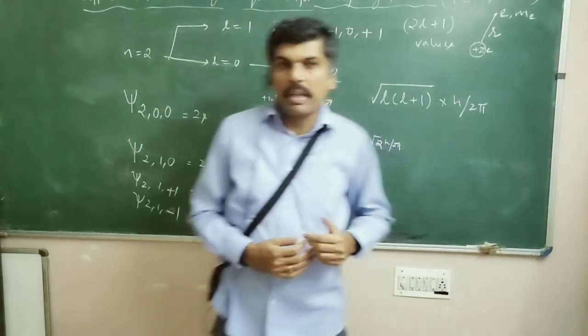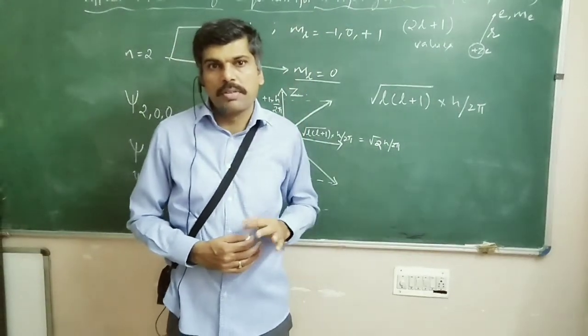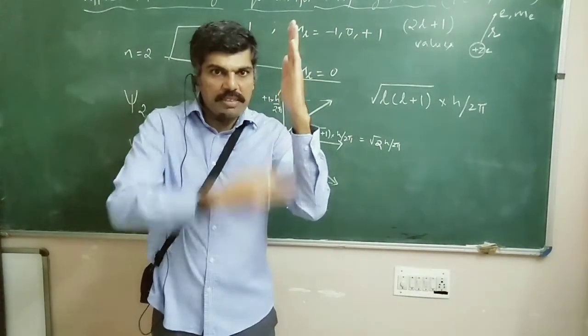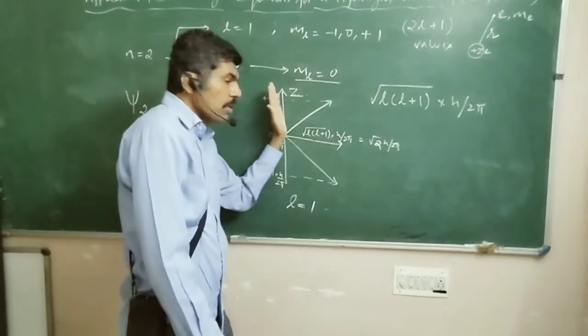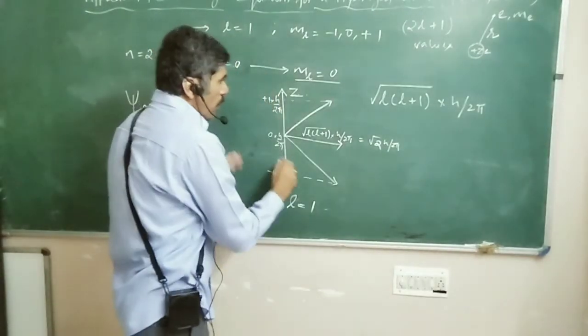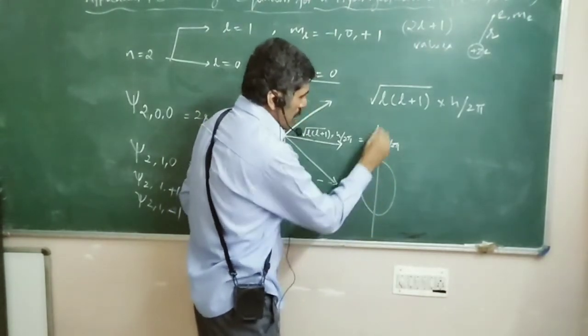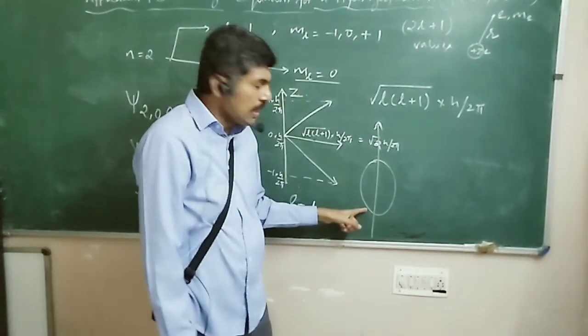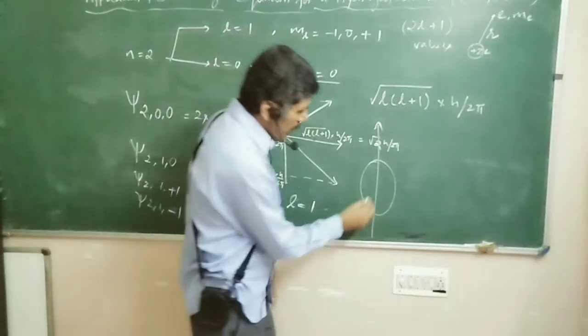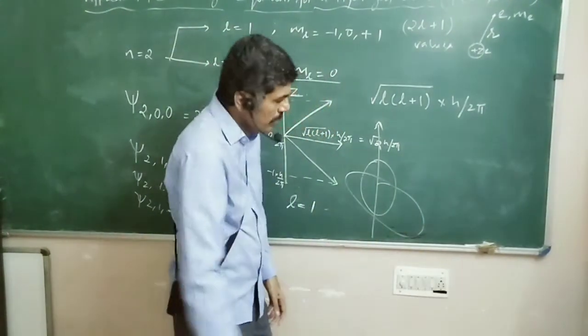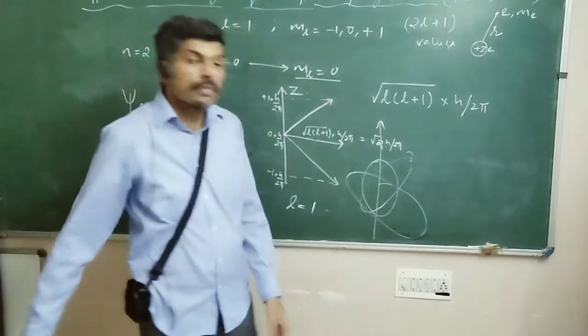When L equal to 1, there are three possible orientations. One along the z-axis itself, which is given by ml equal to 0. Since the rotation is now along the z-axis, therefore the z component is 0. Another like this and another like this.